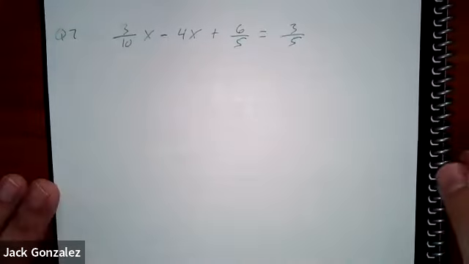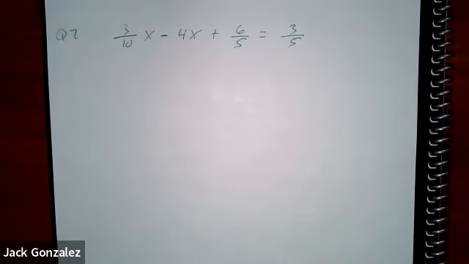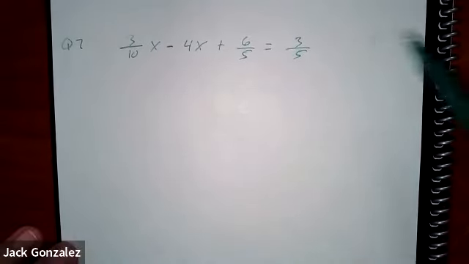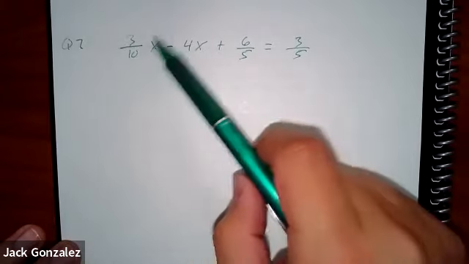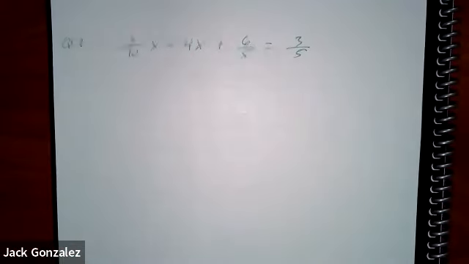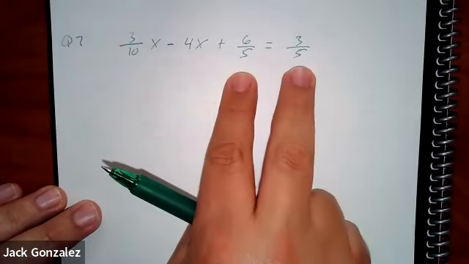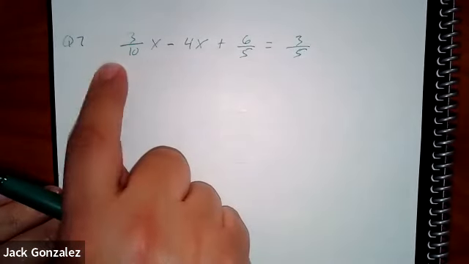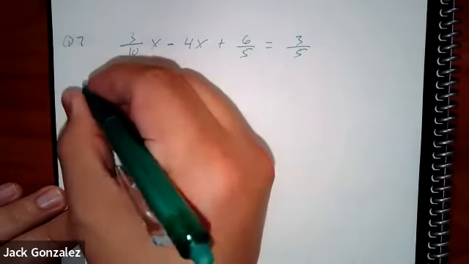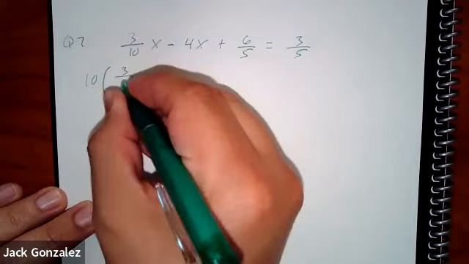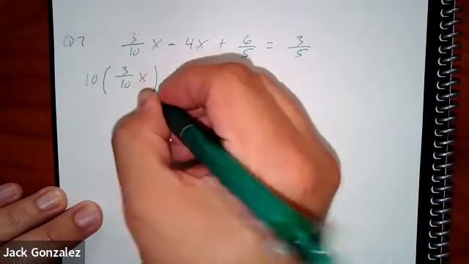But would 5 be wrong though? In a sense, because you could do it for the other two, but you would have to do an extra step for 10. If you did 5, they would all reduce except the 10. You'd have to do one more step and then throw in a 2, which would be 10 anyway. So you could do 5 to cancel these two, but then you have to do one more step to cancel whatever's left here. Okay, but as long as we multiply by more or less the same number, we're able to cancel everything.